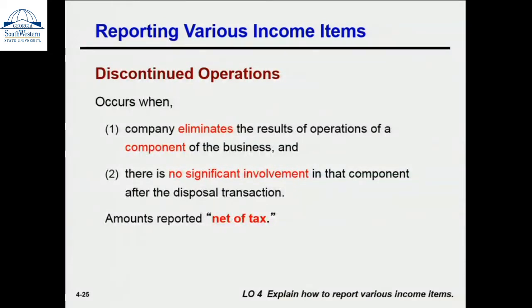All right, but now we're looking at discontinued operations. What are discontinued operations? That's when a company gets rid of a component of its business. Now, what do we mean by component of its business? That would be a segment that they keep track of financially, and keep track of the net income and operations for separately. It might be that Ford, for instance, has one component of its business that is trucks.